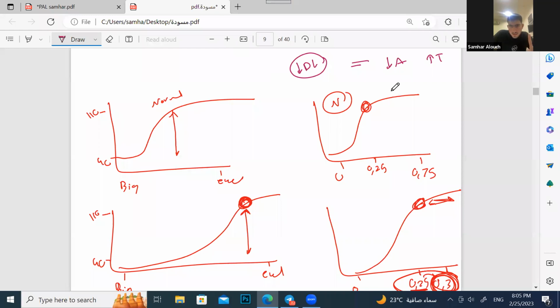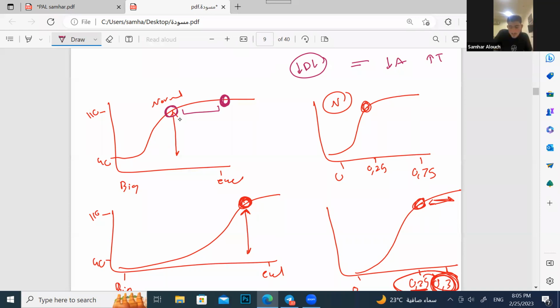If DL decreased, in the normal situation, we said we reach full at the middle. So even if DL decreased a little because of a disease, we still can reach the full, but we reach it later, because we have an excessive time, an excessive length. We reach it at the middle, and now we have a disease that causes obstruction, but we still can reach the full, because we have very excessive time. We have half of it.